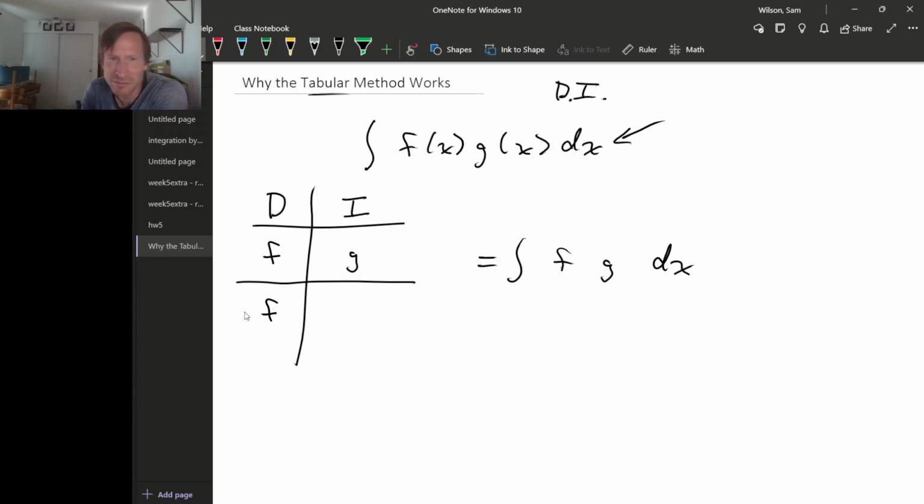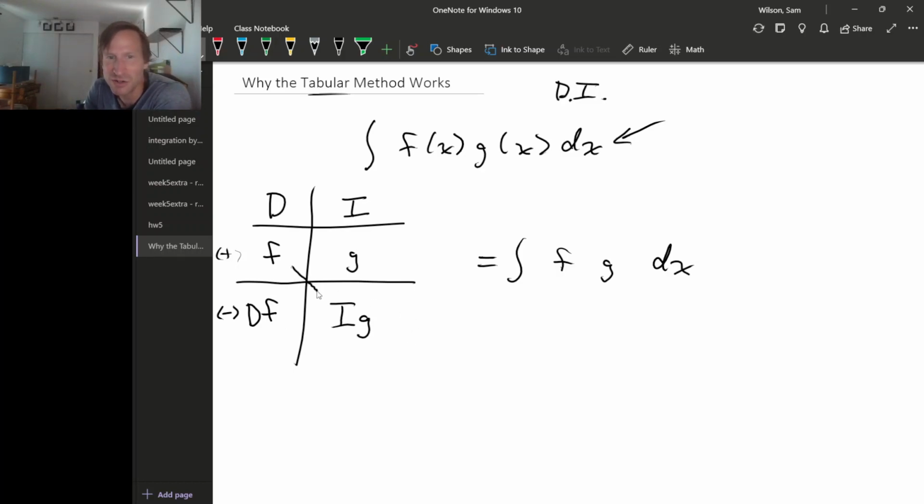So to do that, I'm going to put a D whenever I differentiate something and an I whenever I integrate something. Okay, so the second row is going to be, we have the derivative of f and the integral of g. And also, on each row, you have a minus sign that appears. So since the first row has a plus, since we haven't changed its sign, the second row is going to have a minus.